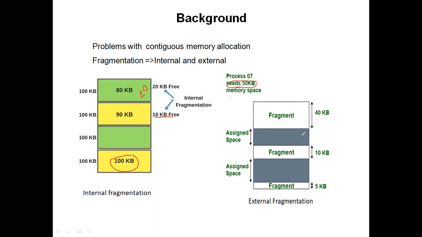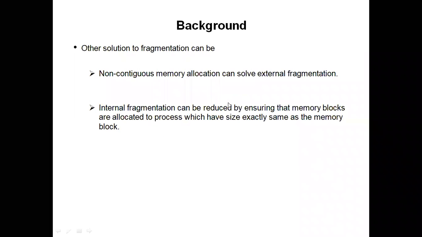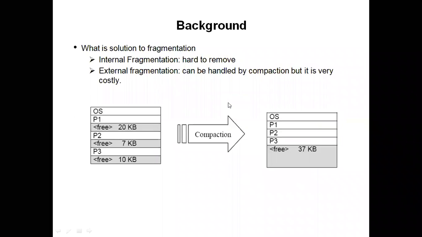So if we try to find out solutions for these two problems, how we can solve the internal and external fragmentation, that we will be discussing, and then we will be moving on to the concept for solving this problem.